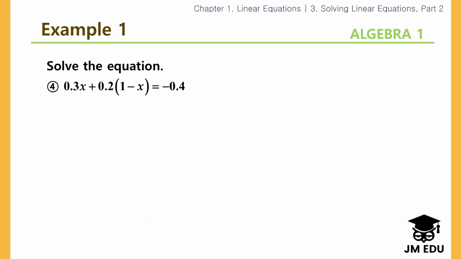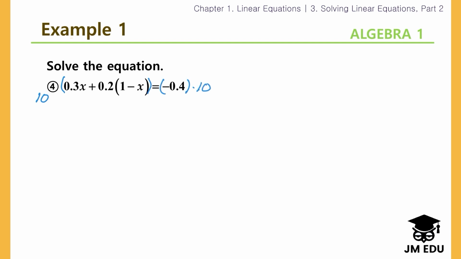Number 4, we have decimal 0.3, 0.2, 0.4. All of these numbers are decimals with 1 decimal place, right? So what we have to do is we're going to have to multiply each side by 10 to the power of 1, right?